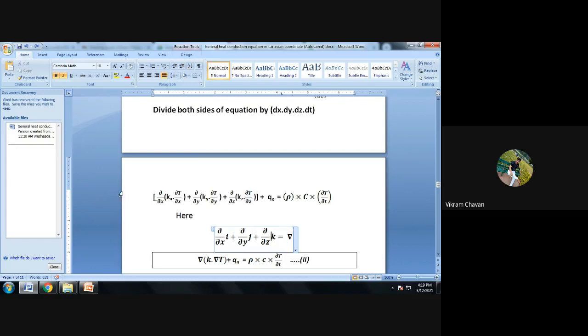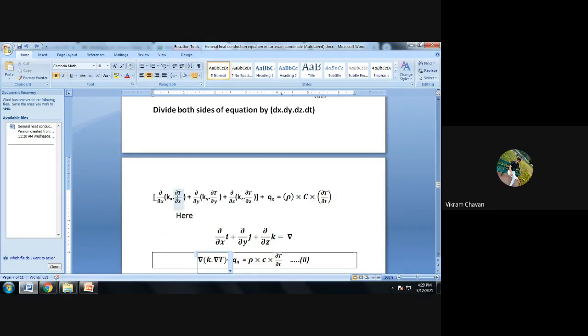For the initial differentiation, we have used the del operator, so one del operator outside the bracket. Then k is also varying with respect to the x, y, z axes, so the del operator is for the bracket k multiplied by.